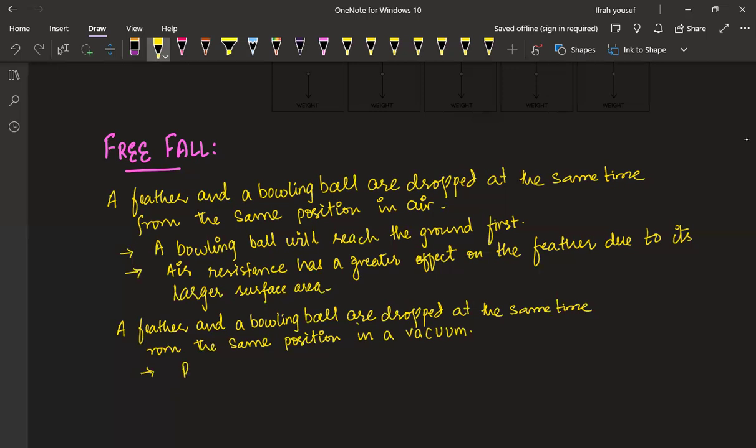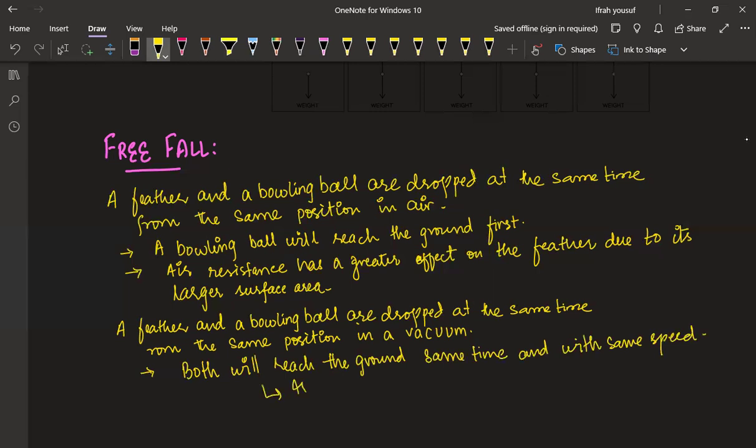So both will reach the ground at the same time and with the same speed, because no air resistance would be there.